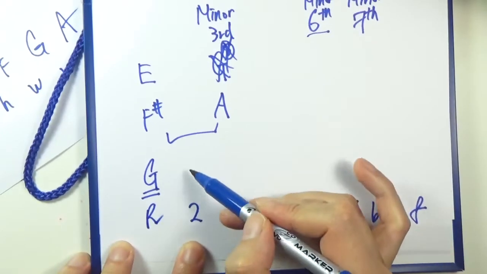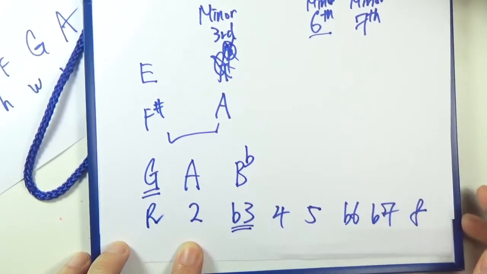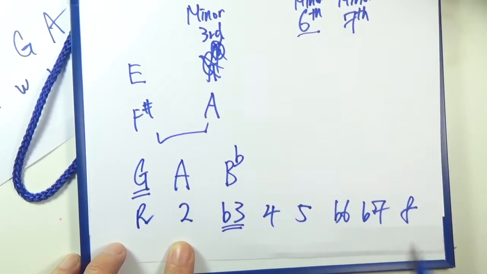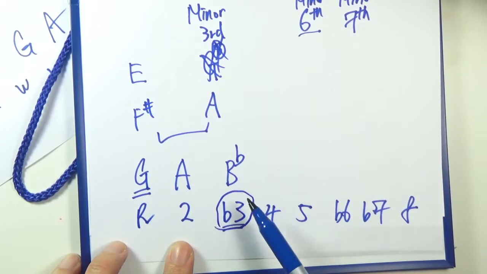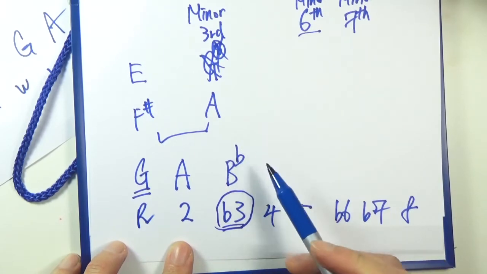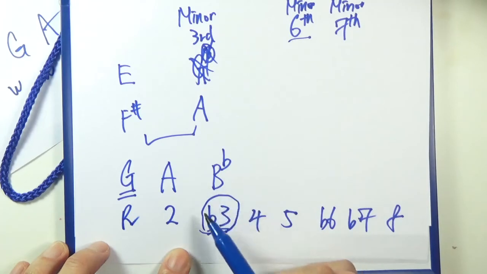Major second: G, A. Flat 3: G, A, B flat. This time it is a flattened note indeed, though I arrived at that conclusion by looking at the interval instead of blindly putting a flat here. So again, you have to go back to the interval section if you're not sure why this is happening. It's already explained there.